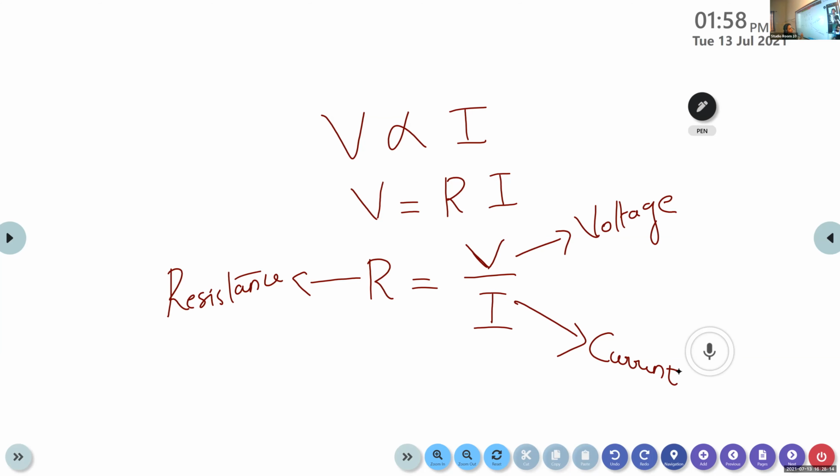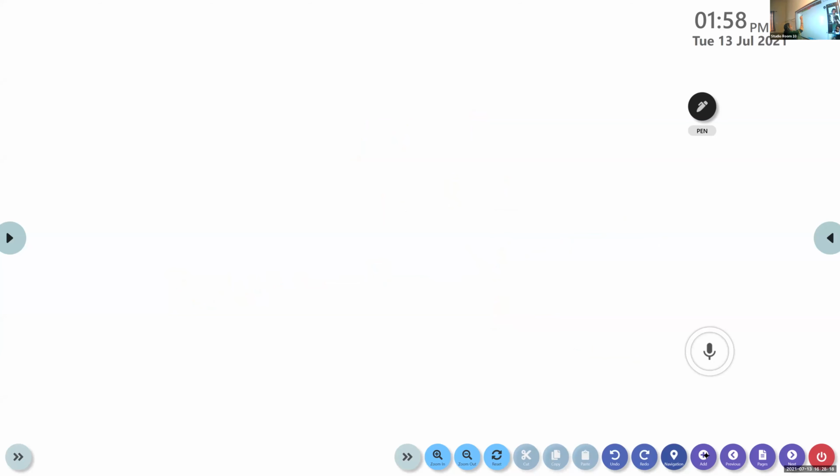So we want to find out the dimension for voltage. So here R is equal to V by I. What is the dimension for voltage? How can we calculate voltage? Voltage is the amount of work done to carry the charge from one point to another point.